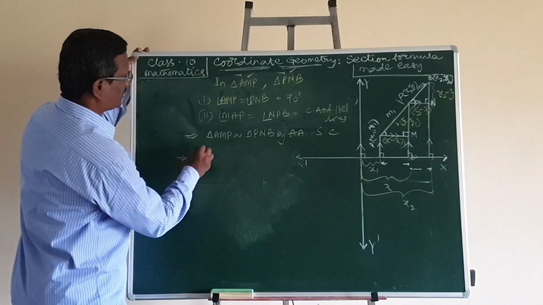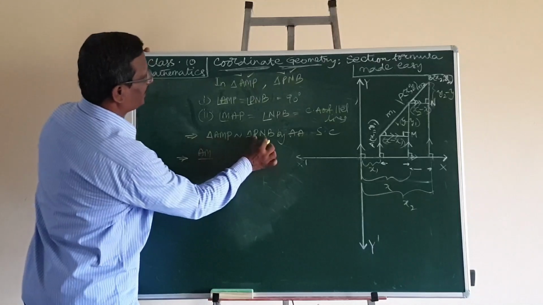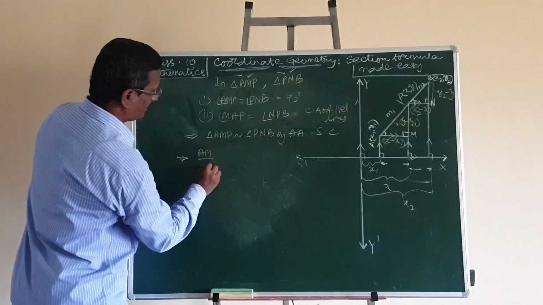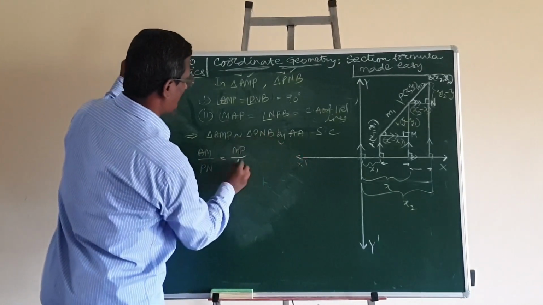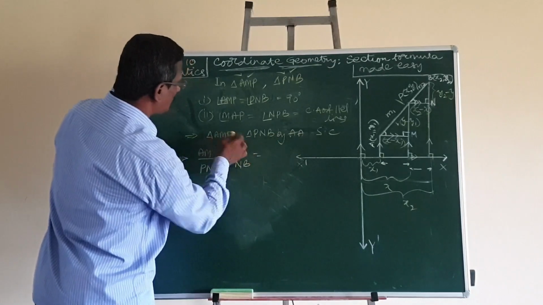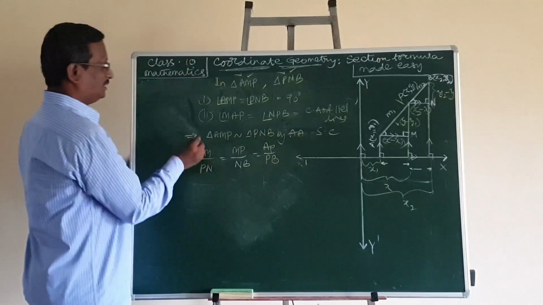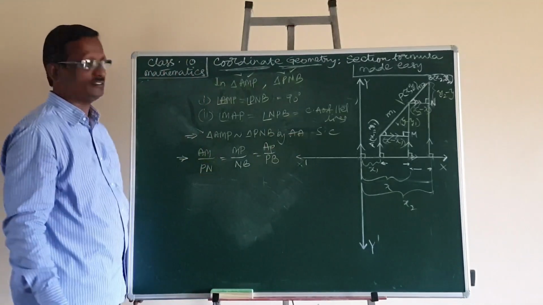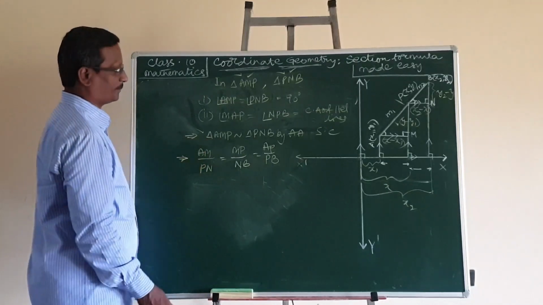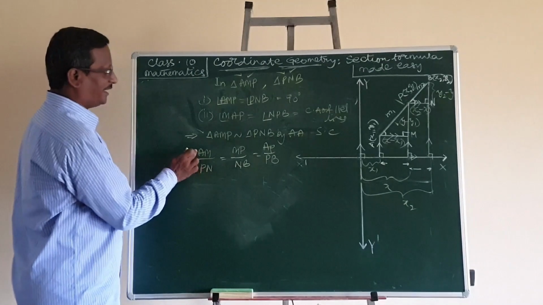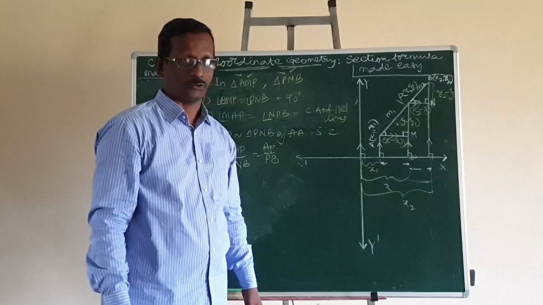Now, by the property of similar triangles, AM upon PN, the first sides of the two triangles, is equal to MP upon NB, is equal to AP upon PB. Now, these values AM, PN and the others we will see from the figure and substitute.